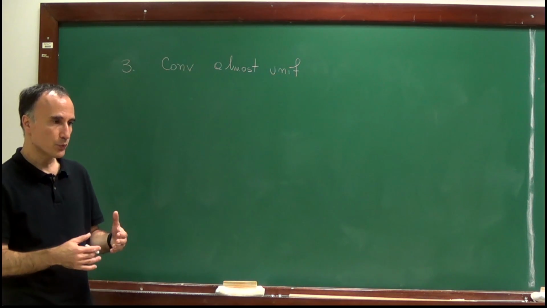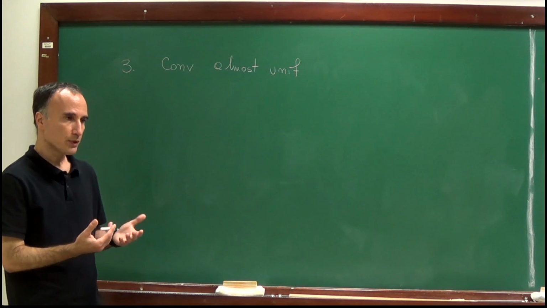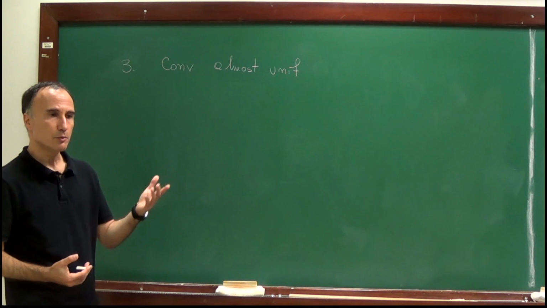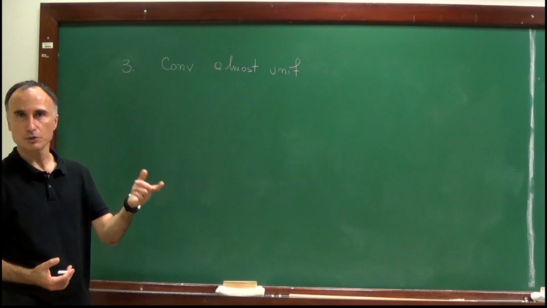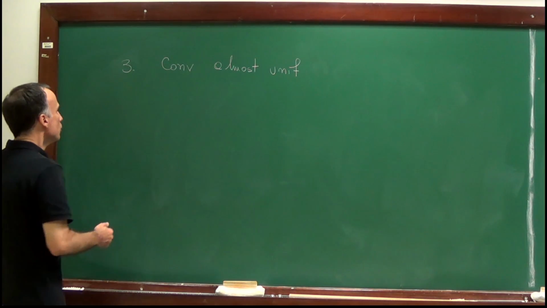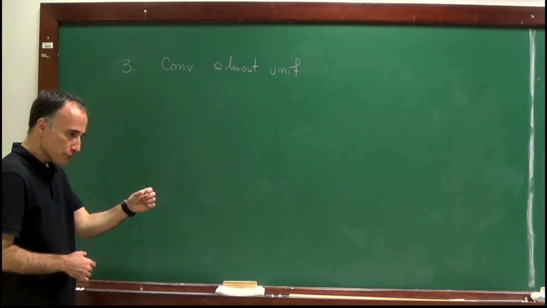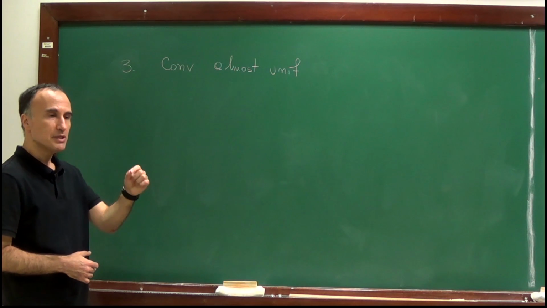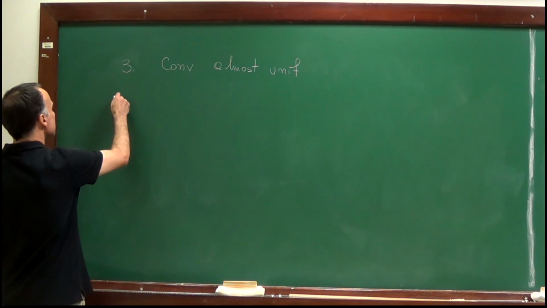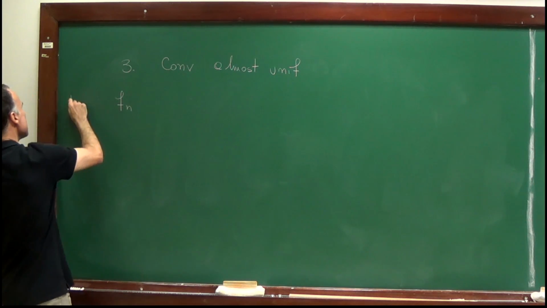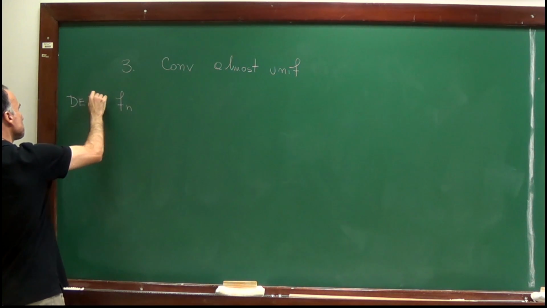We have seen that if we want to have uniform convergence in that example, we have to remove a set of positive measure. But the measure of the set removed can be as small as one wants. So we will say that, again, we have a sequence. So this is the third definition.